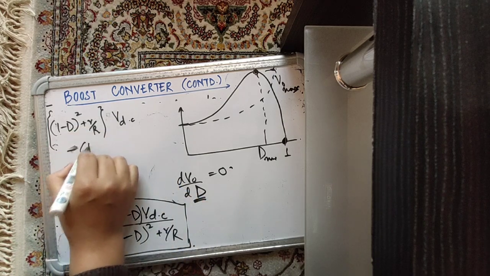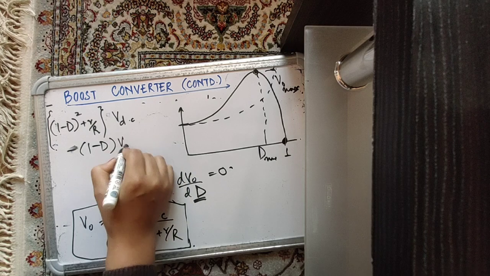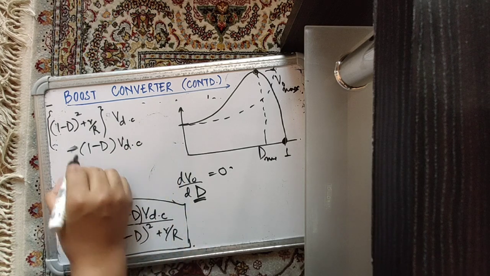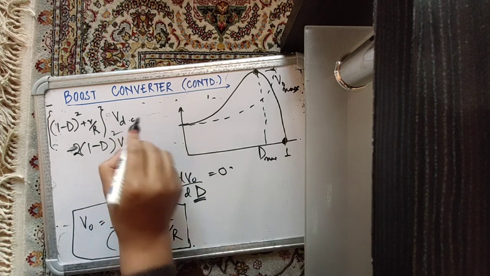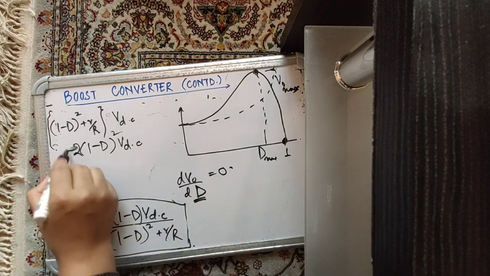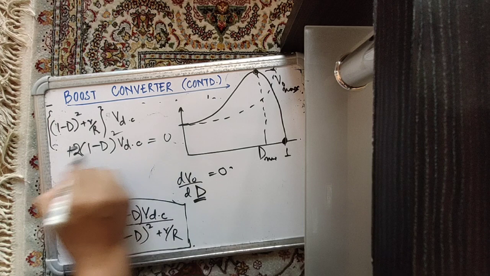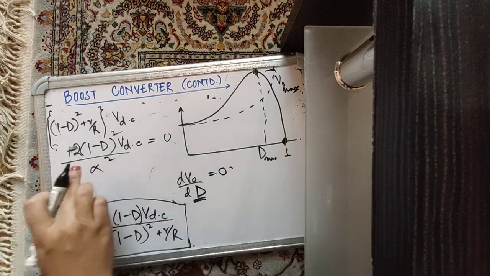Minus 1 minus d into VDC into 2 times 1 minus d whole square minus... plus this whole thing divided by some denominator square, it will be 0.